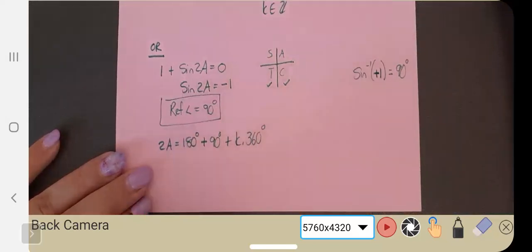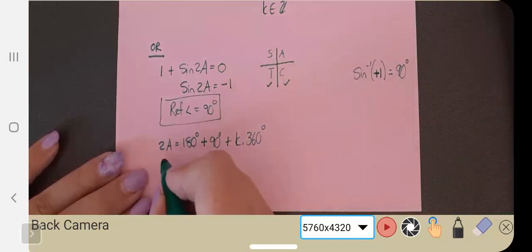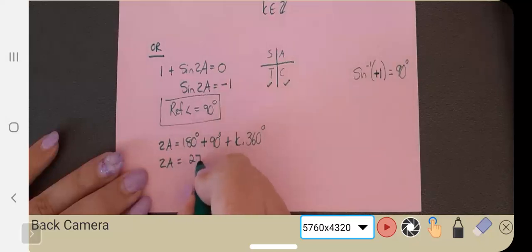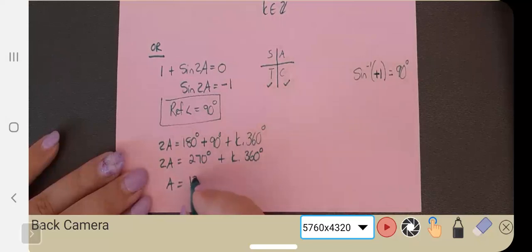But I want A alone, so I have to divide all the degrees by 2. But let's first work out what this is: 270 plus k times 360. A will be half of 270, which is 135, plus k times half of 360, which is 180 degrees.